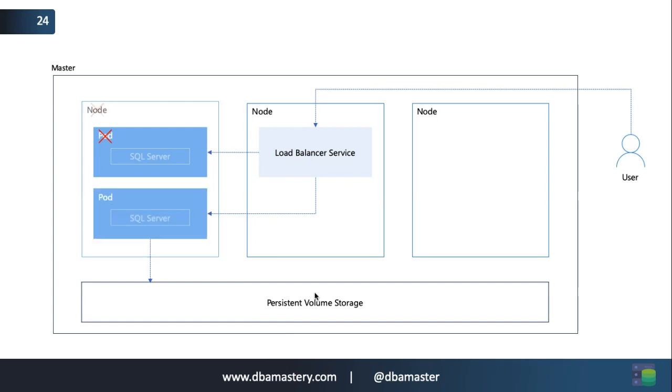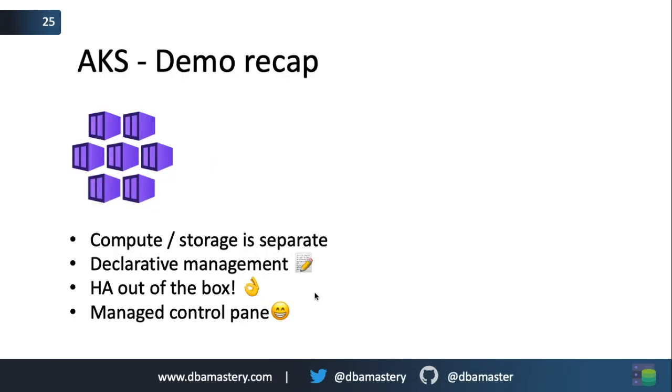But what about if the node had a problem? Kubernetes is going to move things around and recreate a pod in a different node, and you will be able to see your data. So really cool. All right, a quick recap. Compute and storage are separate with Kubernetes. I think it was very clear that no matter what happens to the pod running, my data is still persistent.